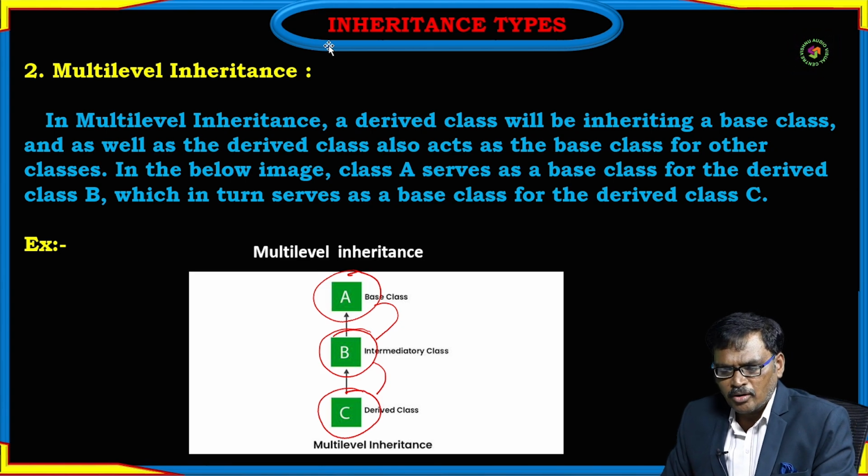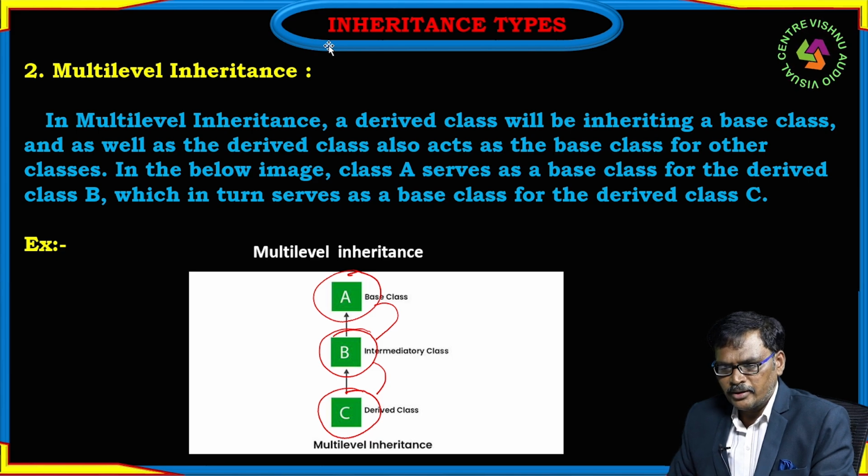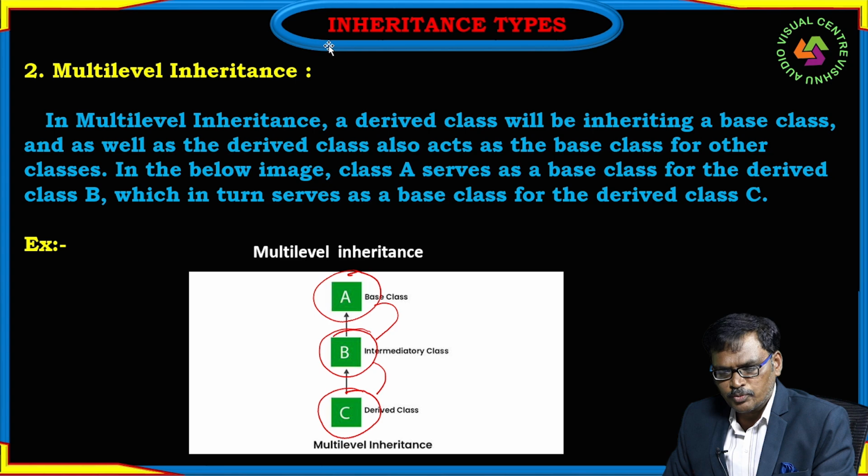Here A is just like a grandfather, B is a parent, and C is a child. Whatever properties the grandfather has must be sent to the parent, and whatever properties the parent has, along with the grandfather's assets, must be sent to the child class.